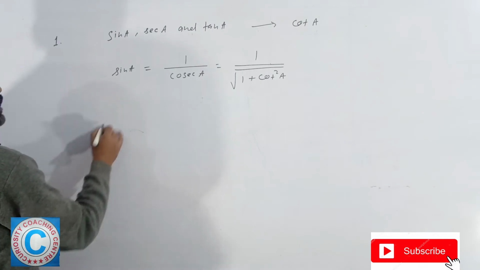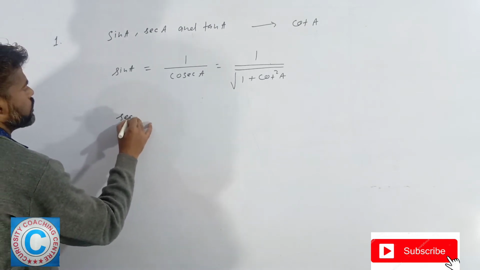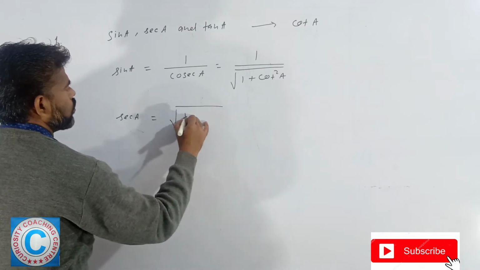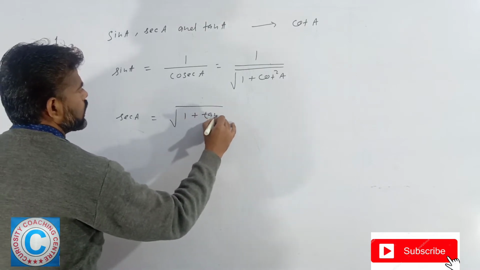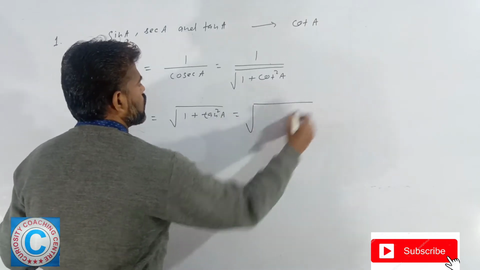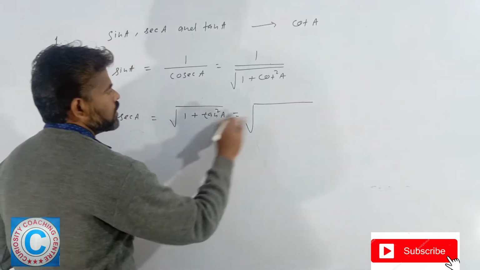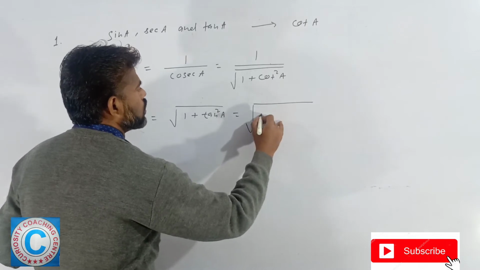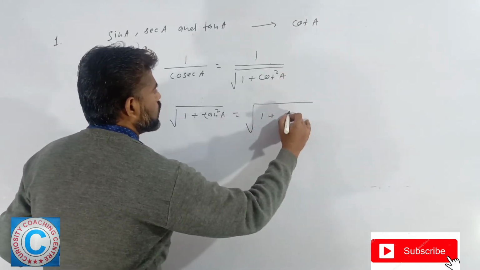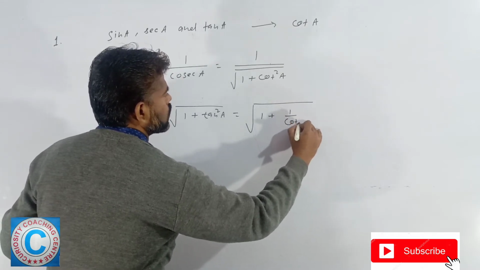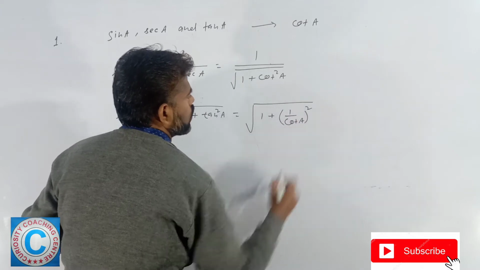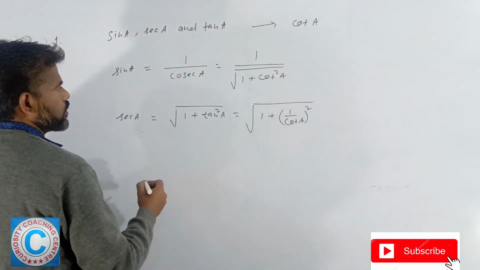Okay. Next one is sec A. Sec A equals square root of 1 plus tan square A. Tan is related to cot A as tan A equals 1 by cot A. So tan square A equals 1 by cot A whole square.